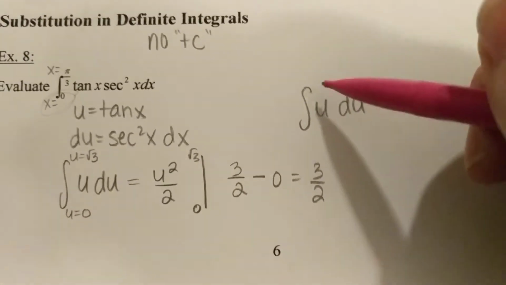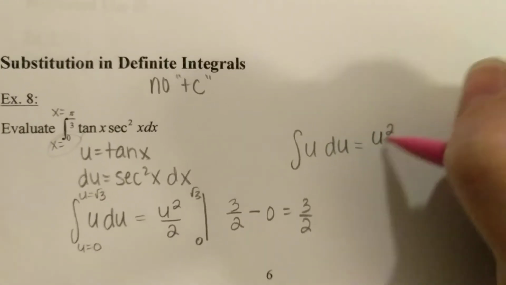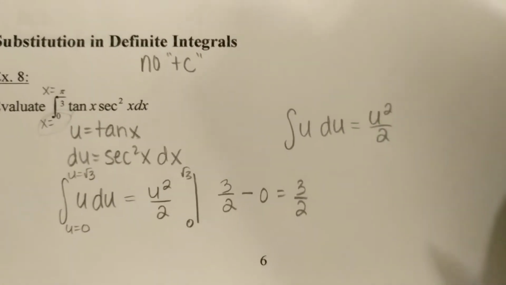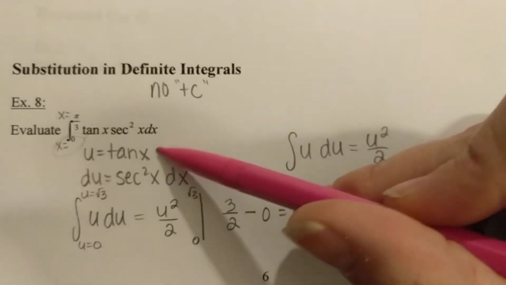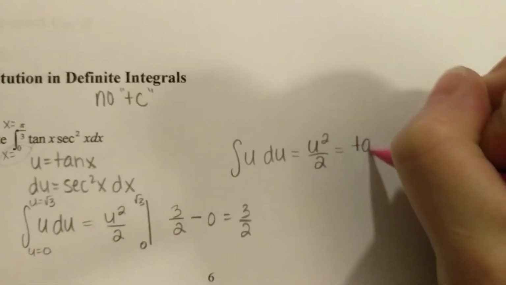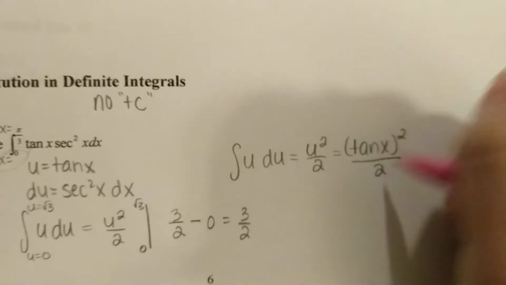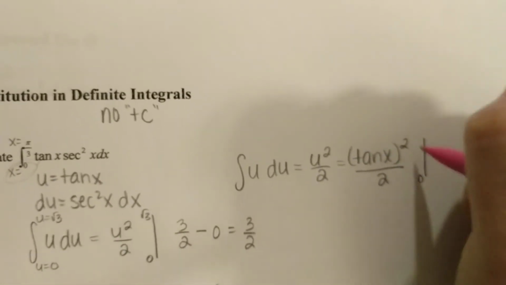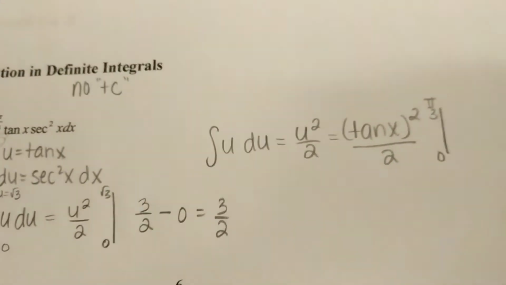I could have just not put values here and said, all right, the antiderivative here is u squared over 2. Now u, I could now just plug my u back in, which means I get tangent of x squared over 2, and I just use the original points, evaluated from 0 to pi thirds.